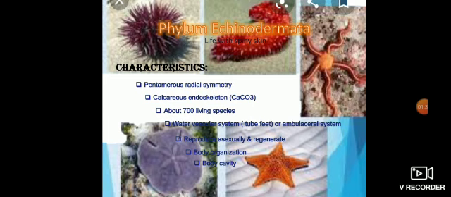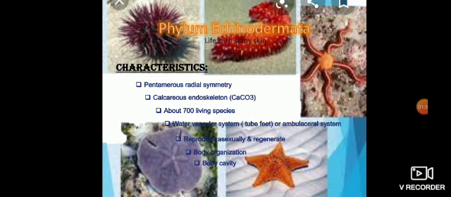They form part of the endoskeleton and provide rigidity and protection. This skeleton is present in all the members of this phylum Echinodermata, like sea urchins, starfishes, sea cucumbers, crinoids, and brittle stars. About 700 living species have been discovered all over the world.